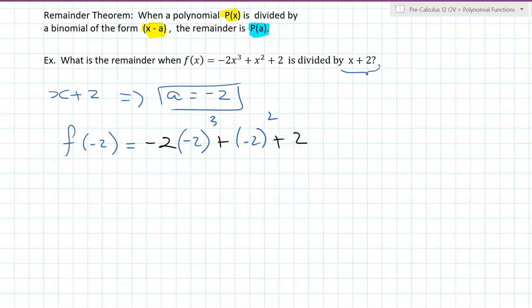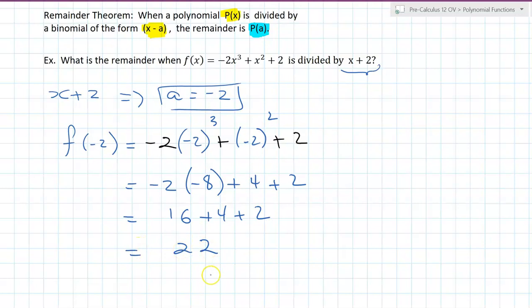Let's do the math. Negative 2 cubed gives us negative 8, minus 8 plus 4 plus 2... and now positive 16 plus 4 plus 2, and that's 22. That is the remainder.